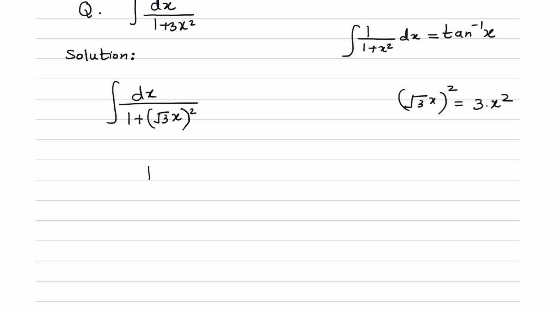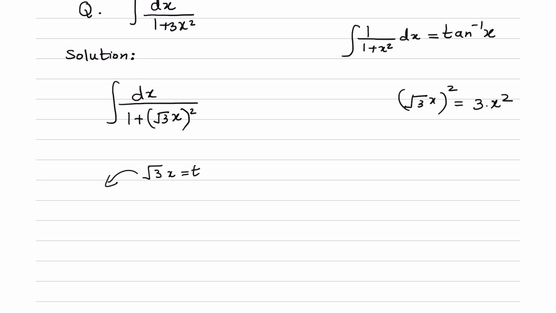Now we are going to substitute square root 3x equal to another variable. Before we make the substitution, we have to think that square root 3x derivative is also written here. But square root 3x derivative is square root 3 because x derivative is 1, and square root 3 is not written here separately.